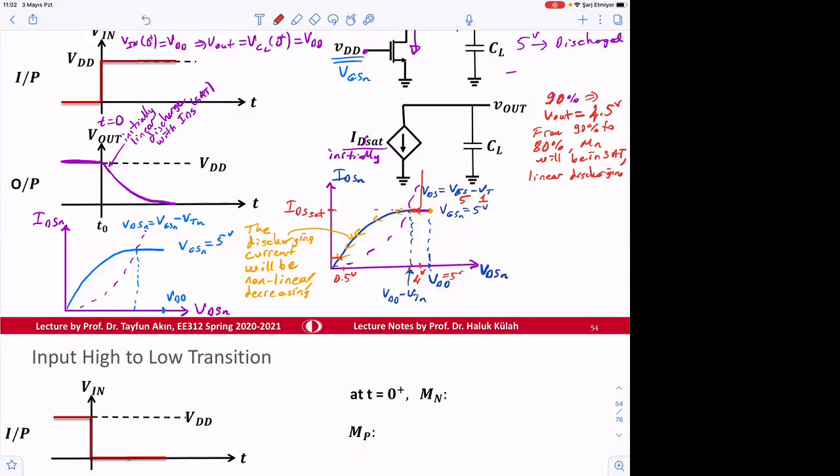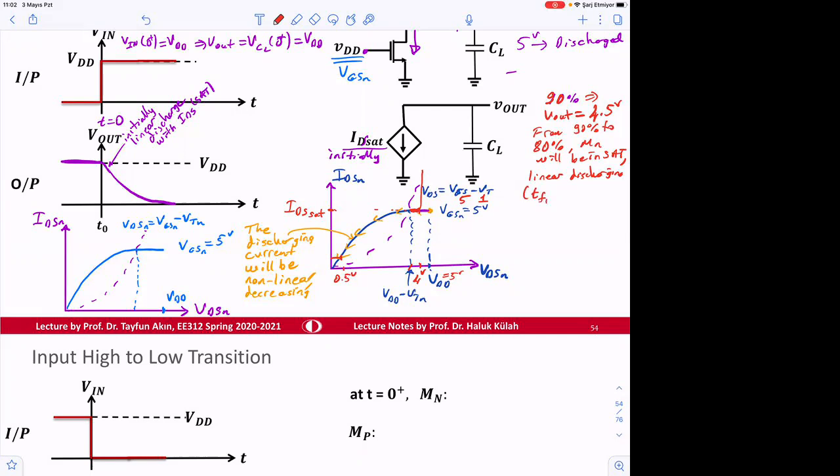Then we can find that timing, and it's going to be very easy to find that value. Let's call that time T fall 1.